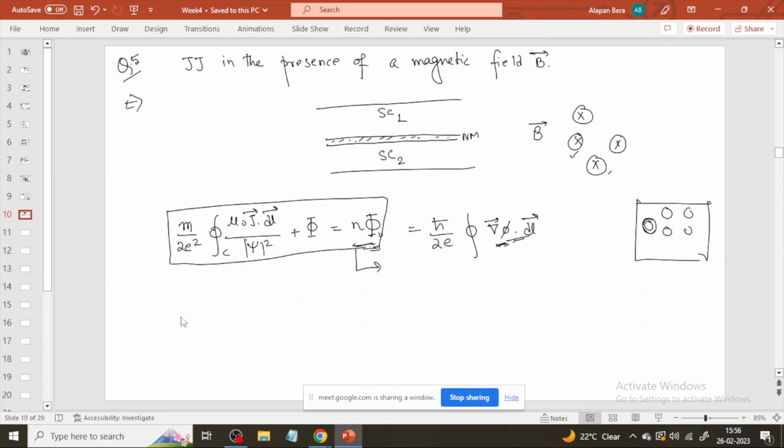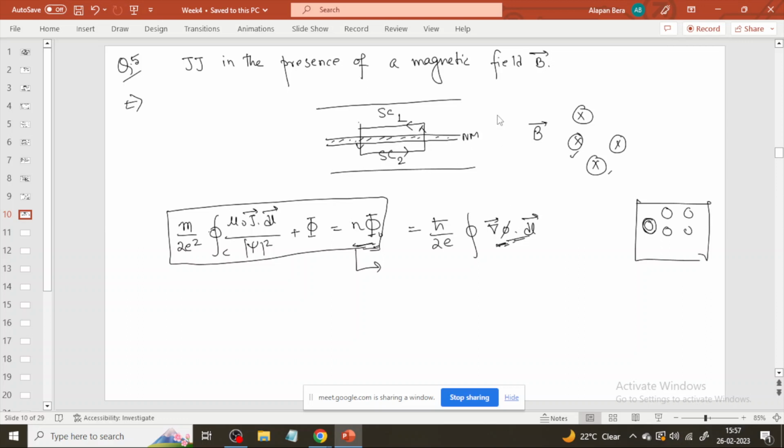So now we can choose a path around this normal metal region. So let us choose a path like this. Let's say we go around this way. So the path convention is like this.